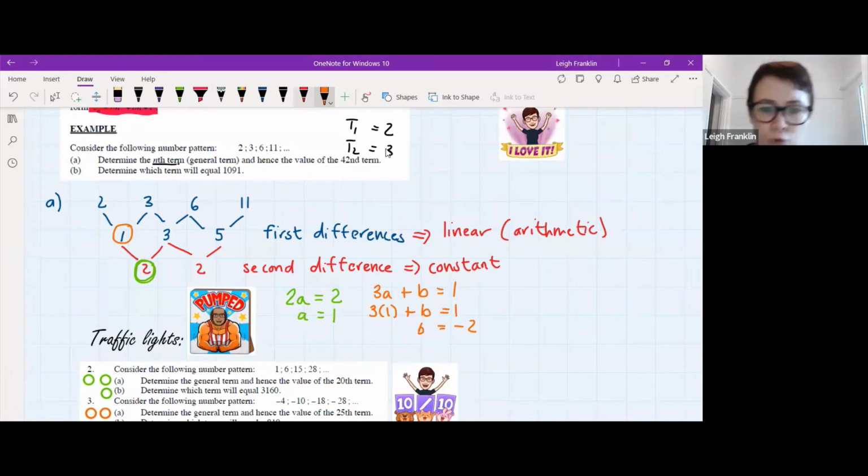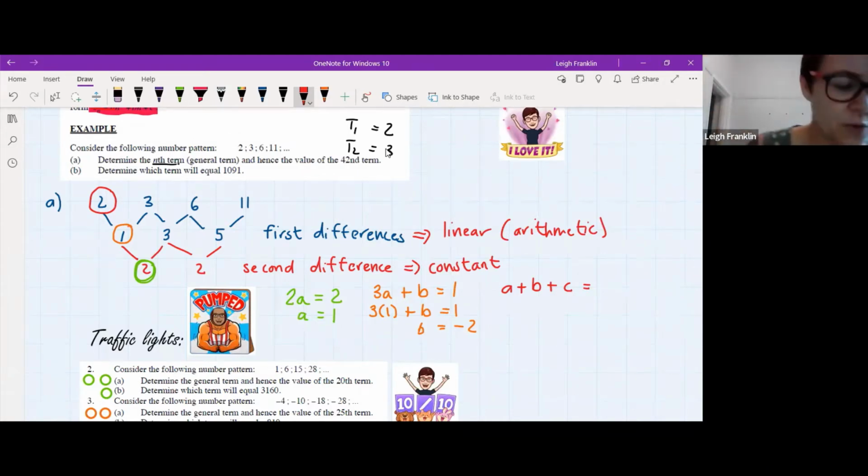Okay, excellent. Now the last rule that you guys have to learn, okay? And this is a plus b plus c. And that is always equal to the first term of the quadratic pattern. It cannot be equal to anything else. So color coordinating it like this for yourselves is a good way. Percy, is it starting to come back now?